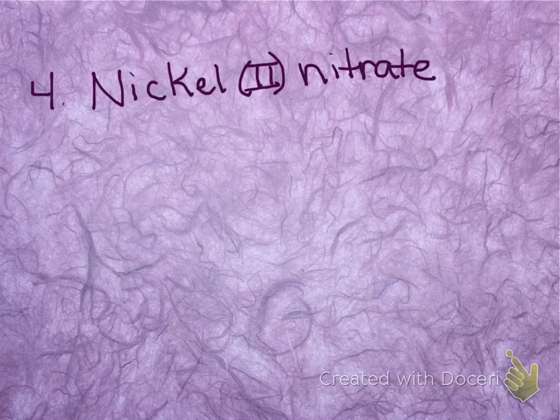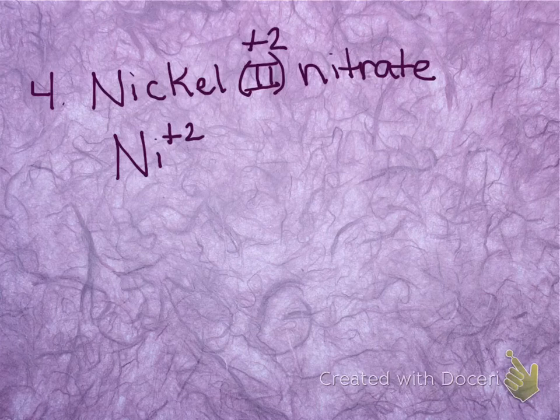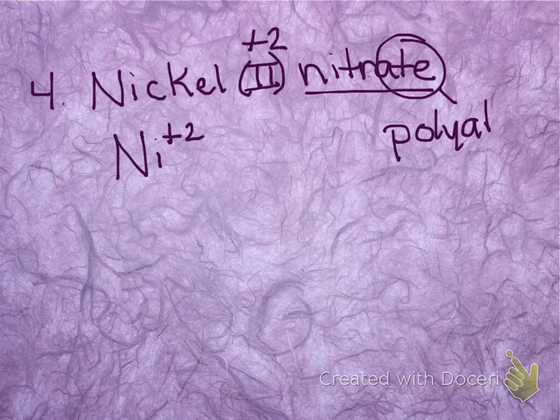Last example, nickel 2 nitrate. Look at your periodic table. Nickel is Ni, +2. That Roman numeral 2 tells us it's got a +2 charge. This one, notice the ATE ending. That should be a clue. Go look at your polyatomic ion chart. Okay, nitrate is NO3.